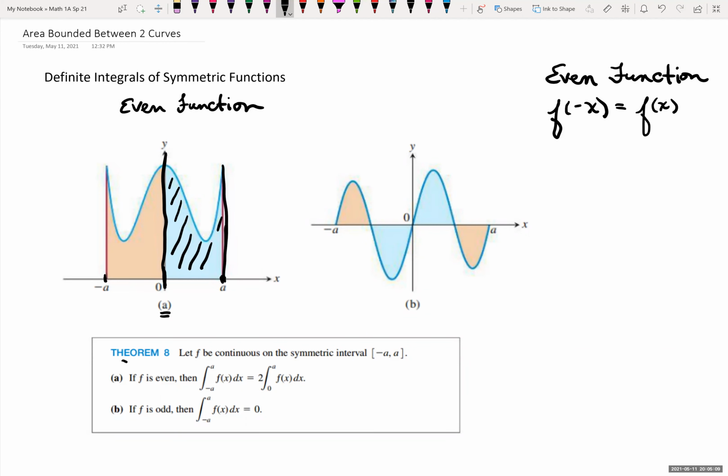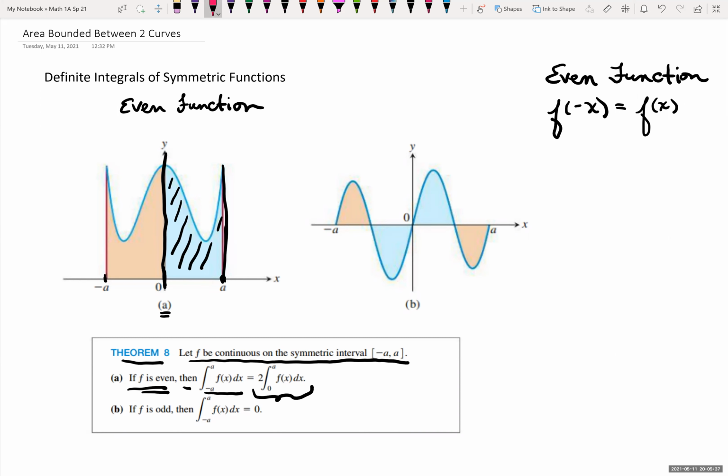And so this is what theorem 8 says from our book. Let f be continuous on a symmetric interval negative a to a. If f is an even function, then the integral from negative a to a of f of x dx is the same thing as 2 times the integral from 0 to a of f of x dx.